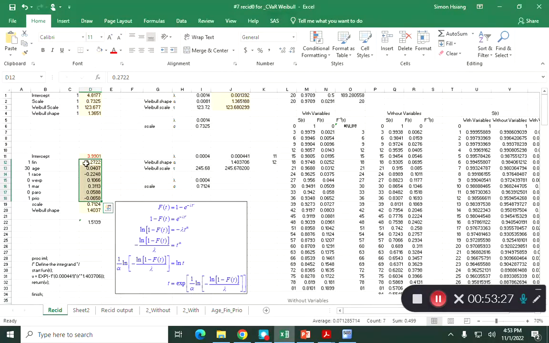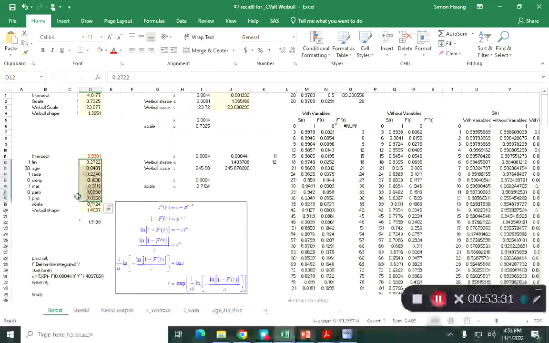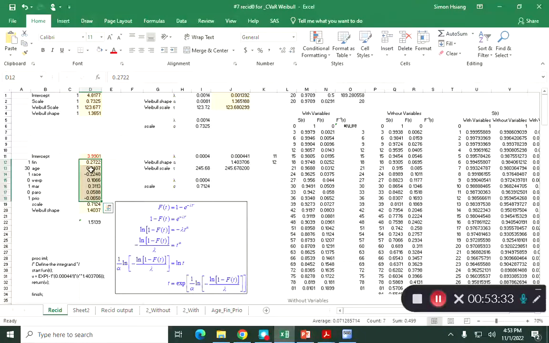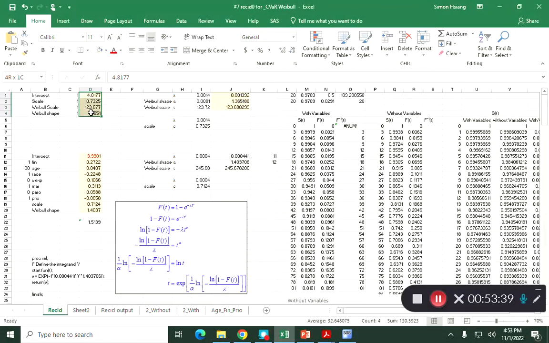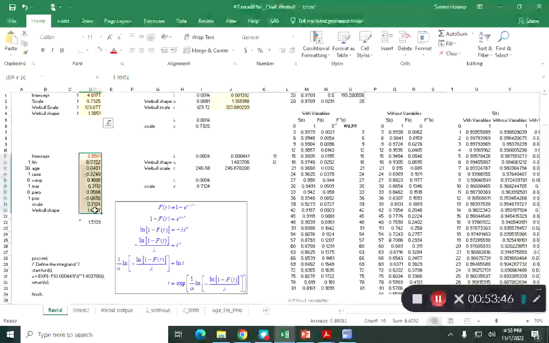Remember, we have the covariates, finance is positive, age, everything. Remember? So, you see where this is coming from, right? This is from your SAS output.